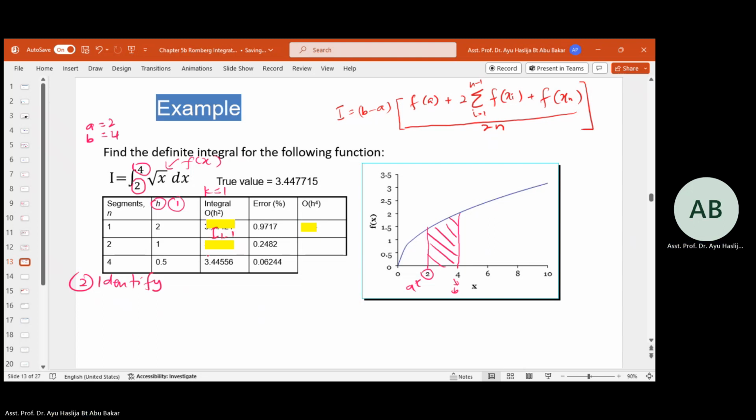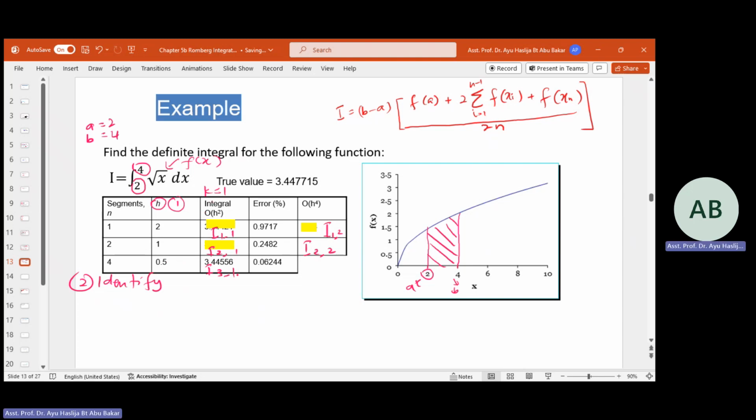here is I11, I21, I31. Okay, for level 4, I12, I22. All of this, we need the x-axis and f(x) values.